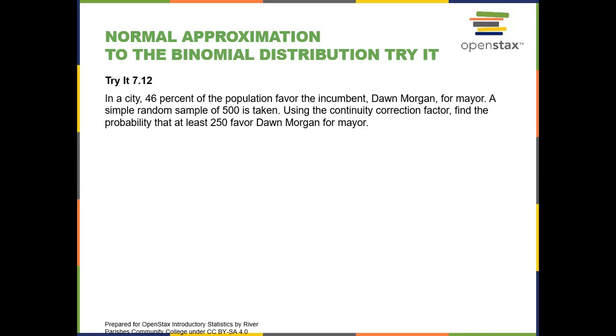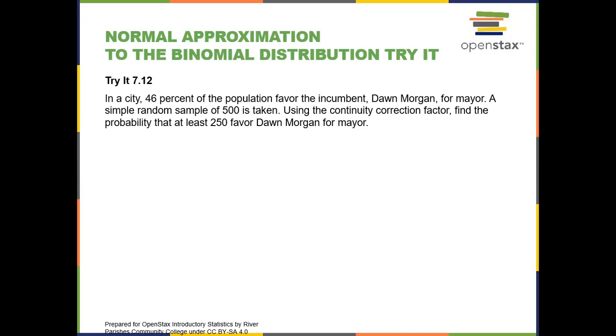My mean is 230 and my standard deviation is 11.14. So I go second, distribution, normalcdf. My lower is 250 minus 0.5, which is 249.5. Why this correction? Because it ensures that we will include the point 250.